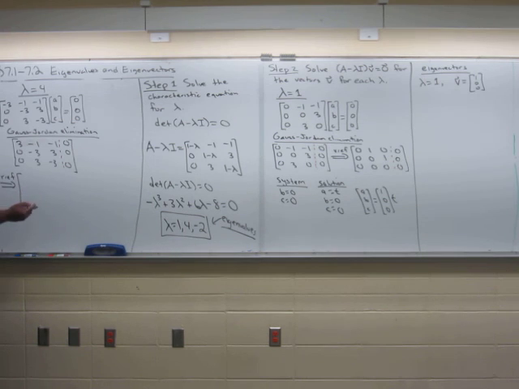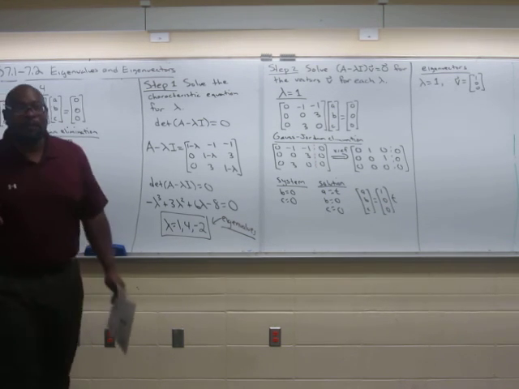It should be, if I did it correctly, what should we have here? Going across, I should have... let me double check. Let me get back with you guys. I forgot to write this down.